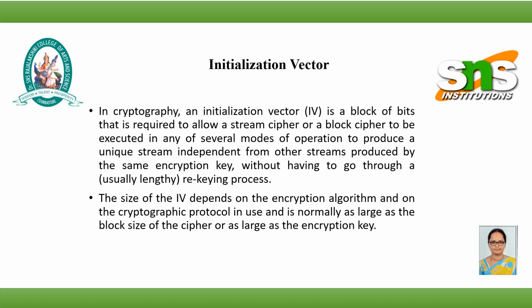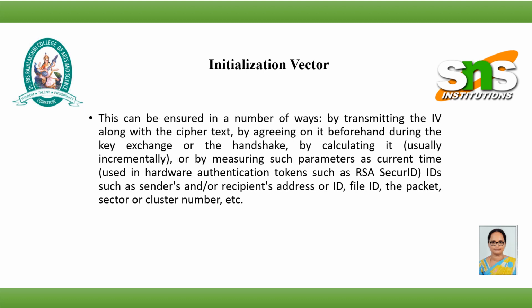The size of the initialization vector depends on the encryption algorithm and on the cryptographic protocol in use, and is normally as large as the block size of the cipher or as large as the encryption key.